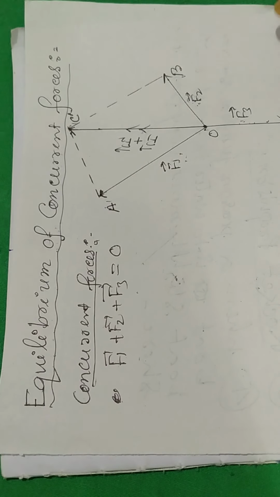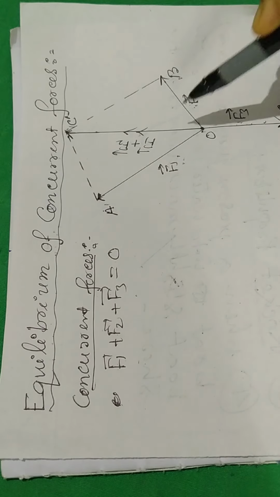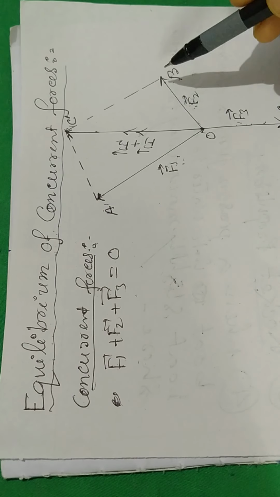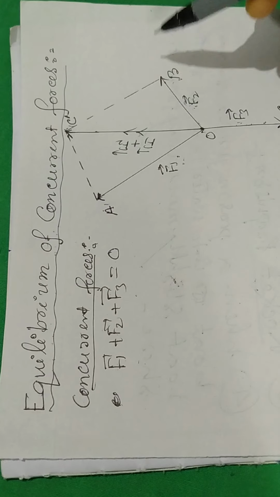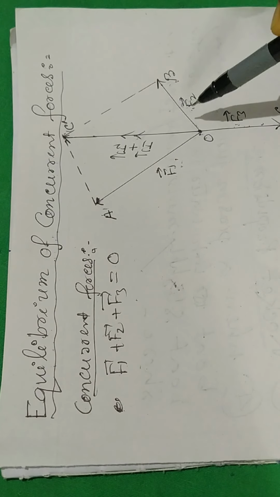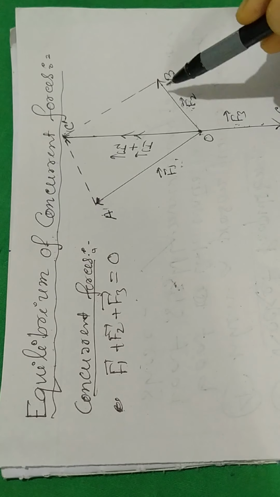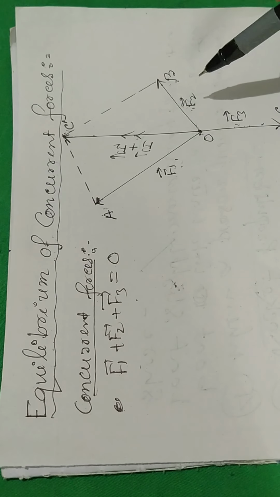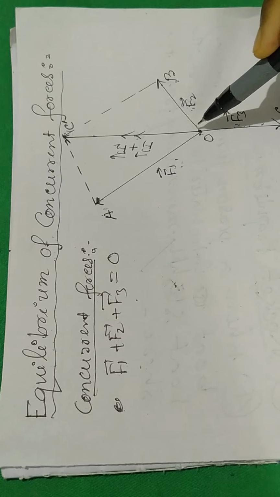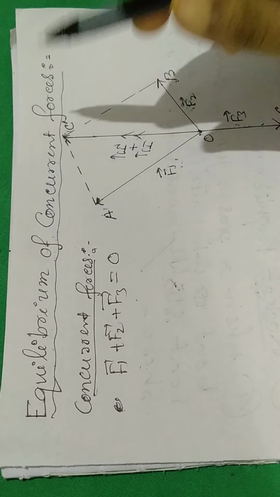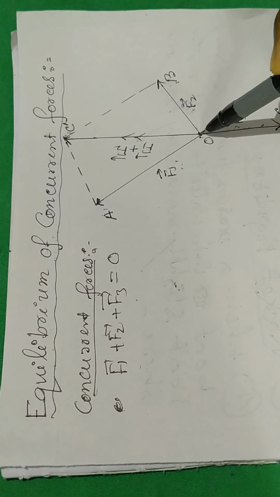According to the law of parallelogram, if two vectors represent the two consecutive sides of a parallelogram acting simultaneously, then the resultant of these two vectors is represented by the diagonal passing through that point.